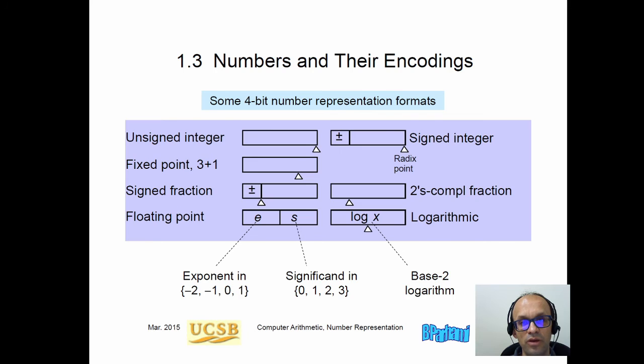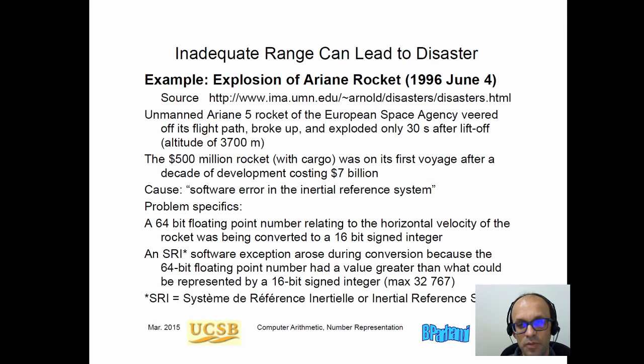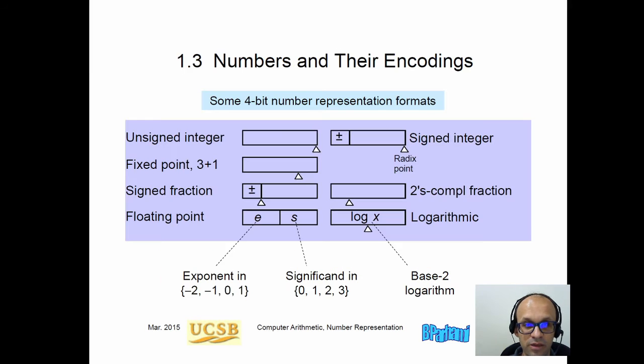Alright, so I will skip this on the top, but if you wish you can take a look with more details. Numbers and their encodings. Here you can see, for example, some 4-bit number representation formats. The unsigned integer has no sign, and for the signed integer you use 1 bit to give the sign.